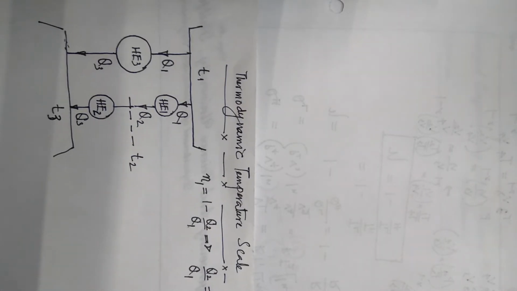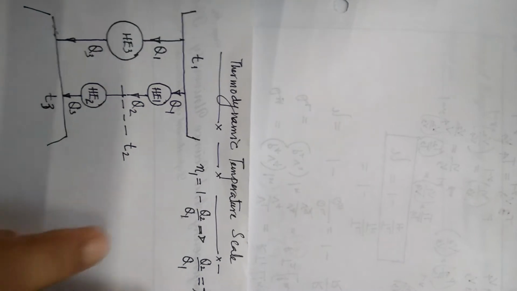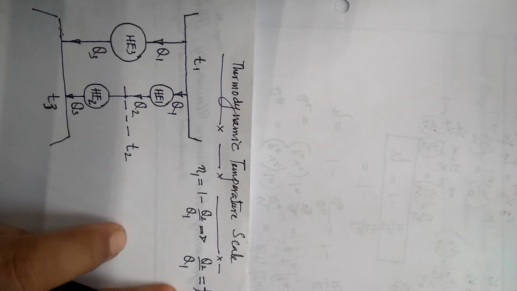So therefore Q2 by Q1 can be written as a functional relationship between T2 and T1. Am I clear? And the same functional relationship should be valid for the other two heat engines also.